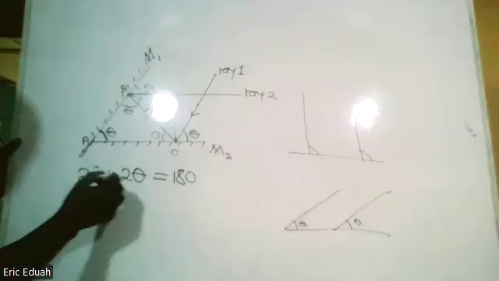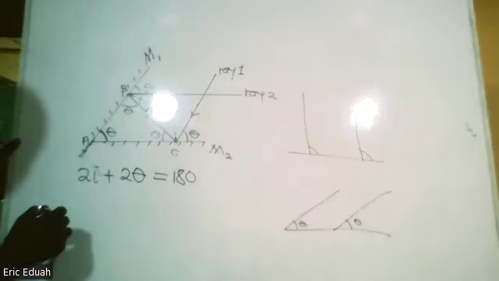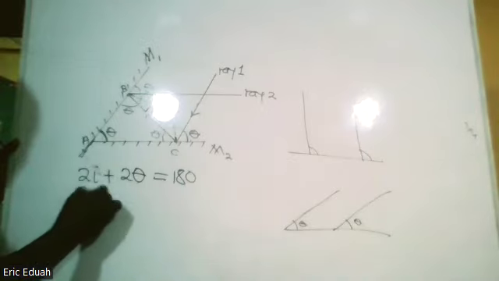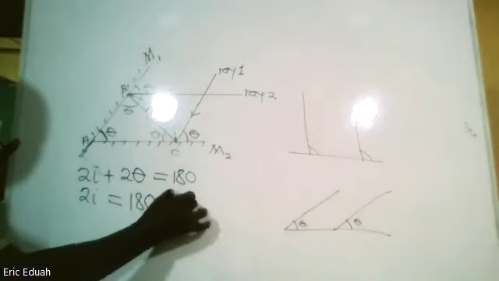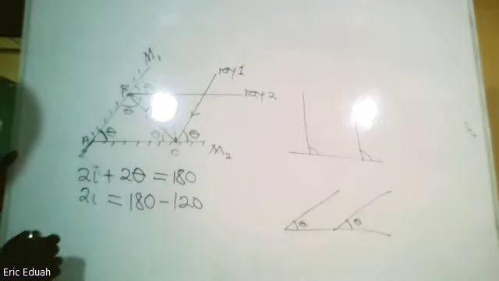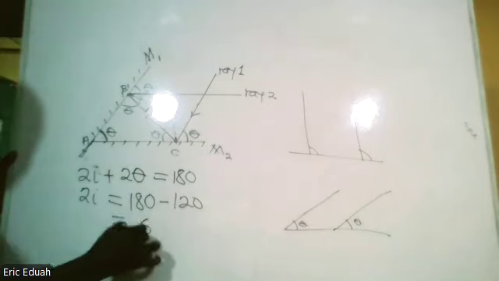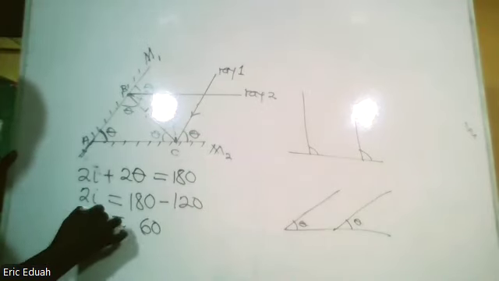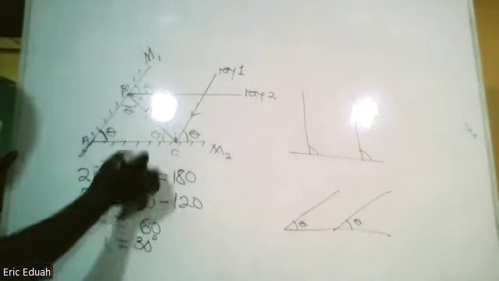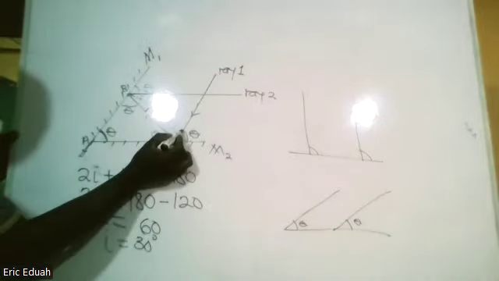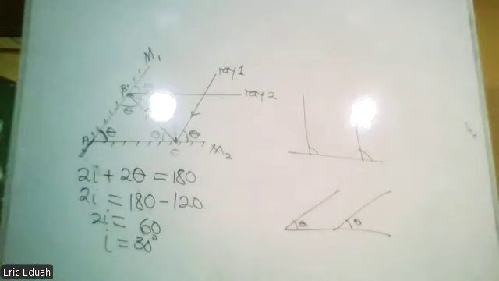If theta is 60, then 2I is equal to 180 minus 120, 2 times 60. And this is also 60. Therefore, I here will be equal to 30 degrees. And that's the same value we'll have here and then here as well.